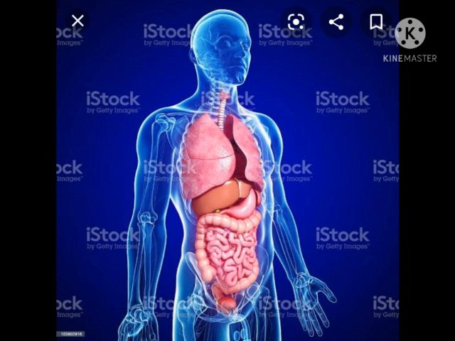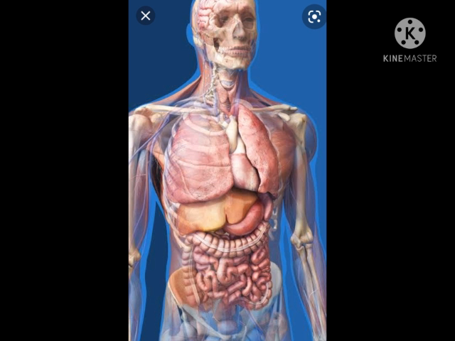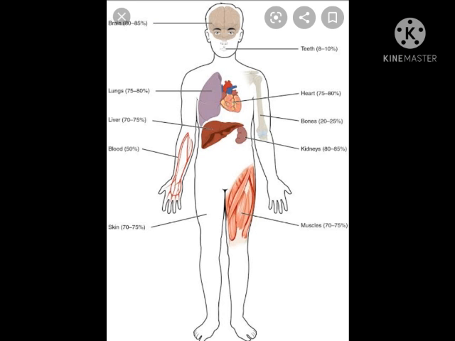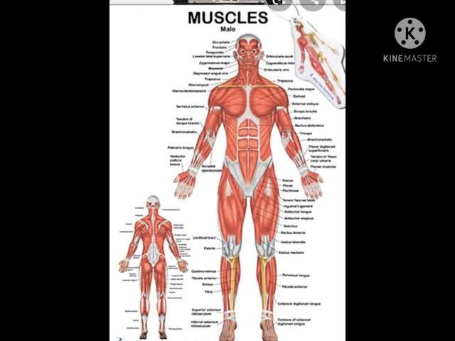First, coming to the definition: what is anatomy? What do you mean by anatomy? You all know very well that when we talk about anatomy, what immediately comes to our mind is the dissection or the dissection classes which we encounter in the first MBBS.